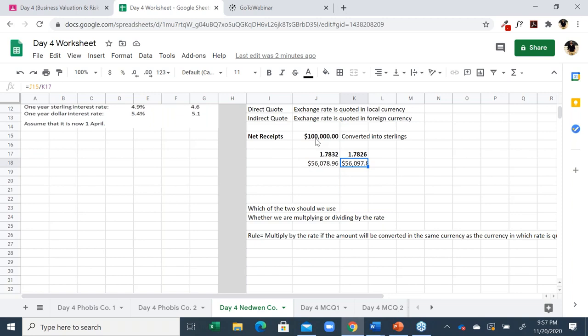If they are buying $100,000, they will just pay you lower value. And if they are selling this to you, they will ask for a higher amount from you.